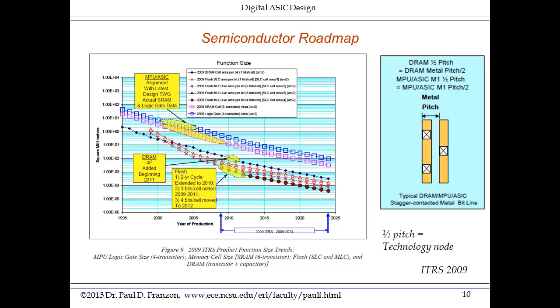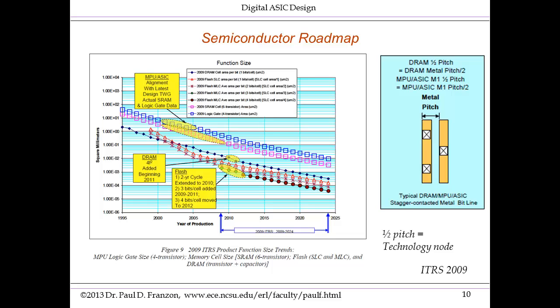Straight lines on a logarithmic graph are exponential curves. So this illustrates the exponential nature with historic data and future projected data. You'll notice actually that flash has been a little bit better than exponential for the last decade, and this is because of some specific innovations that came from the flash industry. But this just illustrates this point.